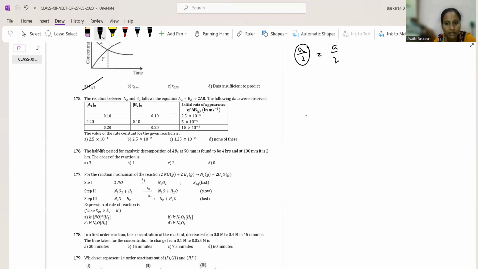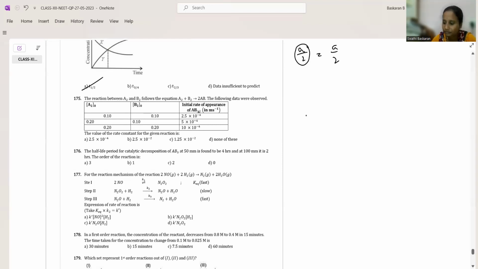So let us say rate is equal to K into the concentration of A raised to the power x, concentration of B raised to the power y. This is how you generally write the rate equation, correct? Now substituting the values of the concentration of A and the concentration of B in this rate equation, we will be able to make the three equations.